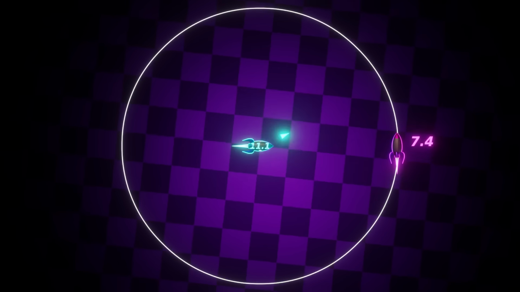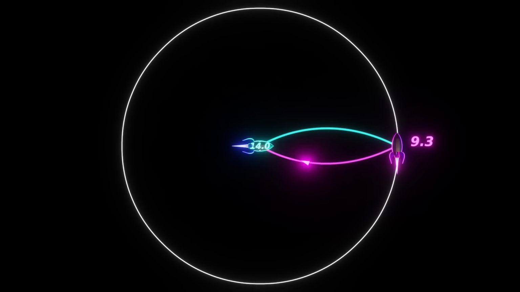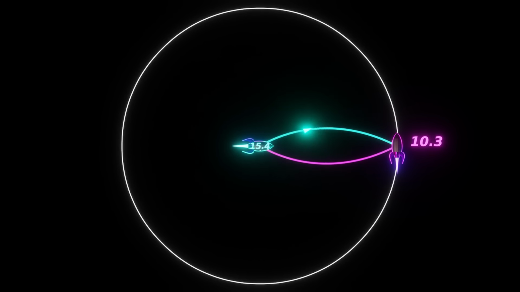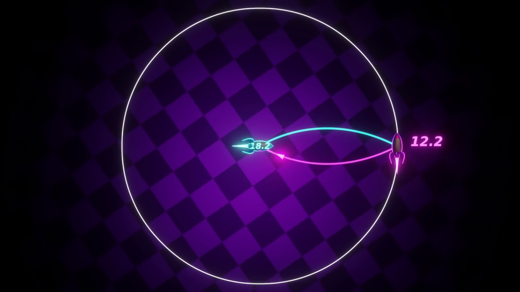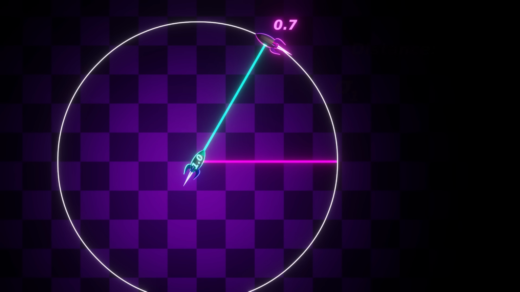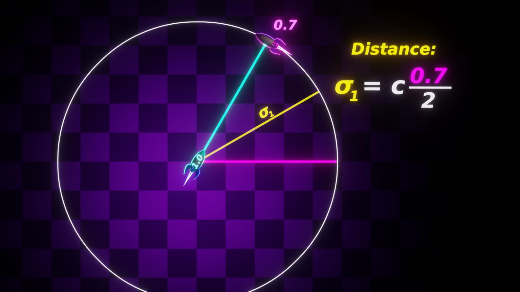Also, if we were to observe this exchange of signals in a co-rotating frame, the trajectories of the beams would seem to bend. Anyway, as the purple rocket catches the return signal, it thinks the distance must be, as usual, the speed of light times... Wait a minute. The clock of the purple rocket has been running slow as compared to the center rocket, due to the time dilation since it's moving.